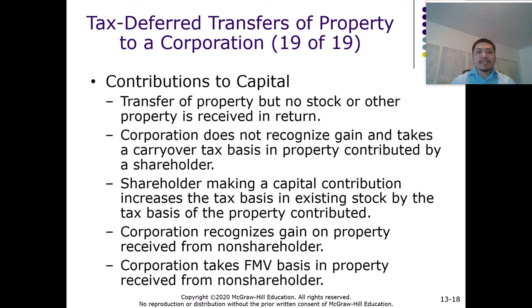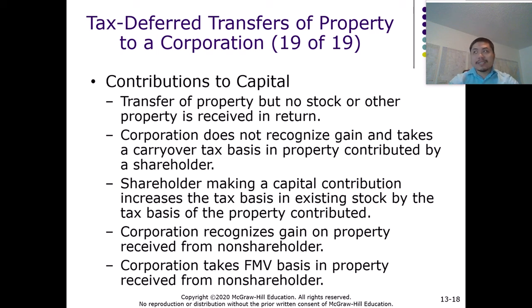So in that case, if the shareholder already has some stock of this corporation, and usually that's the case, the shareholder's basis in the existing stock that they own can be increased by the tax basis of the property that they contributed, without receiving any stock.